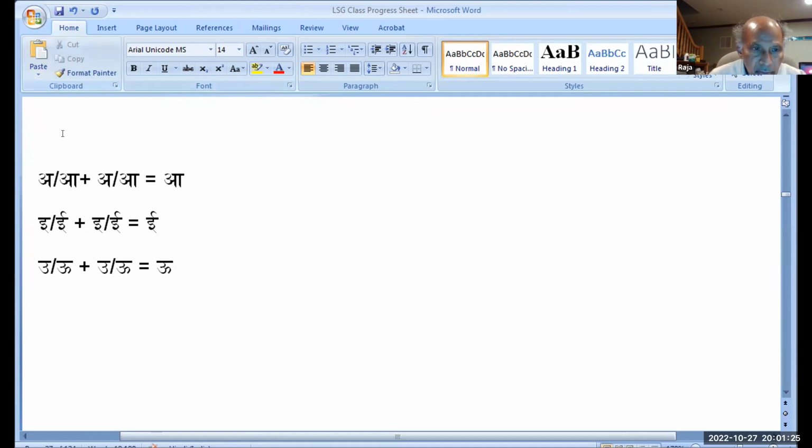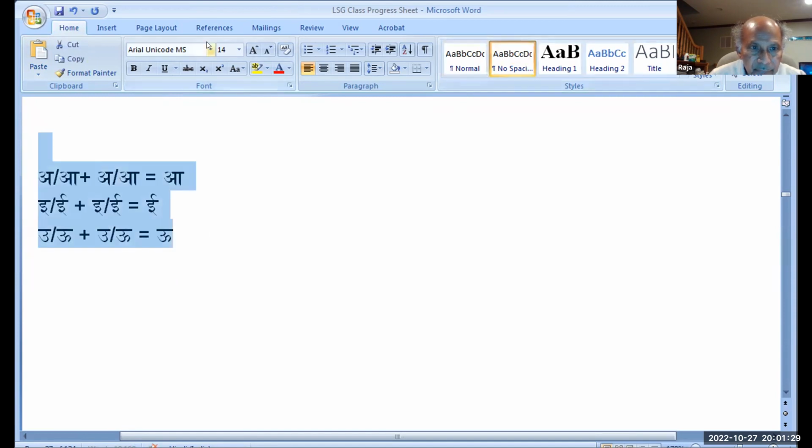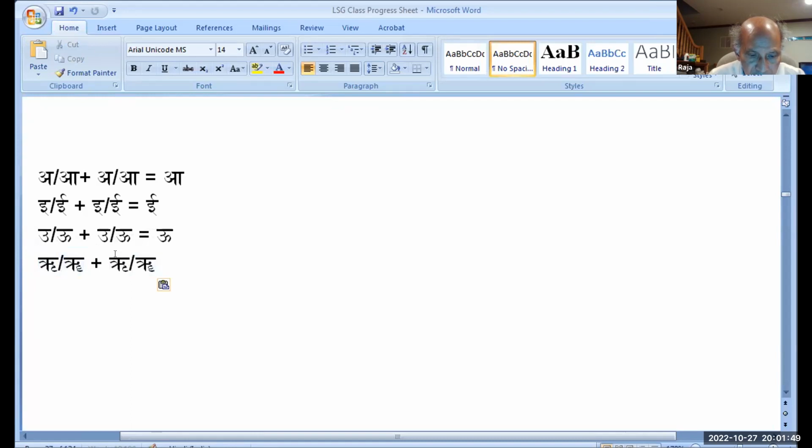Now we have the similar thing with "ru" or long "ru", added to the same thing, savarna, and then both letters are replaced by the long form.